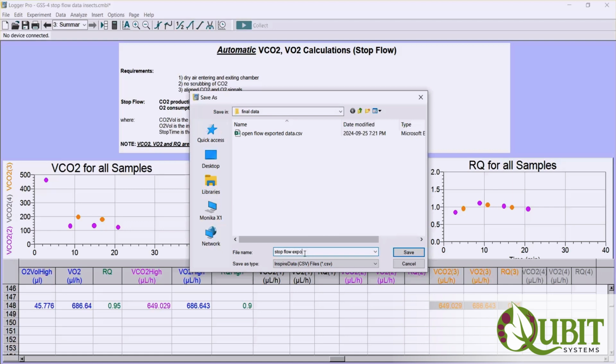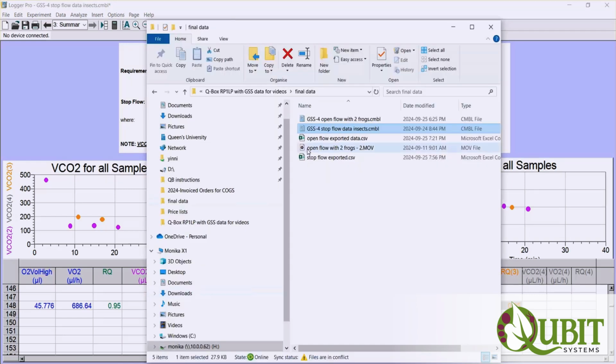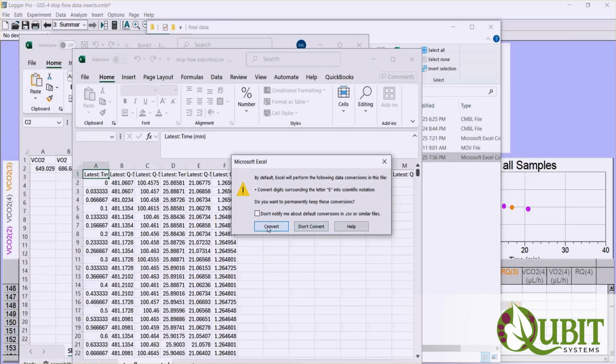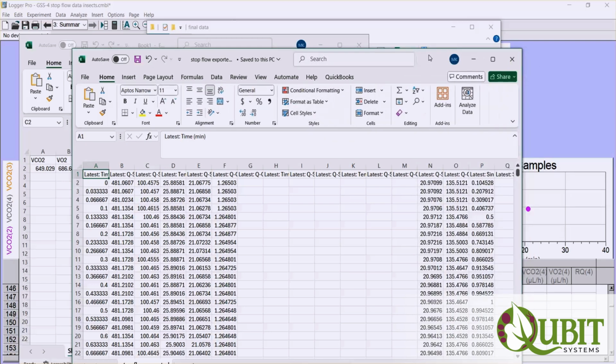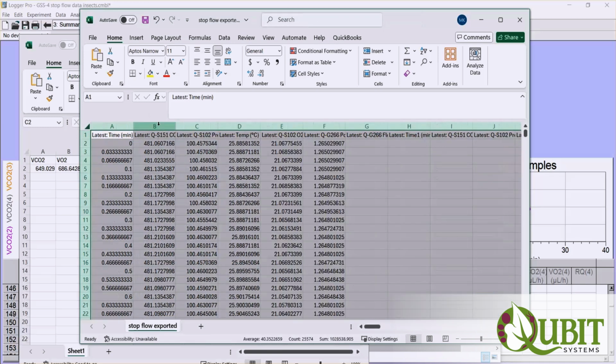Then you can open that file to visualize the data, and click convert here, so it takes it from CSV into a spreadsheet. You may have to expand your columns to see the titles.